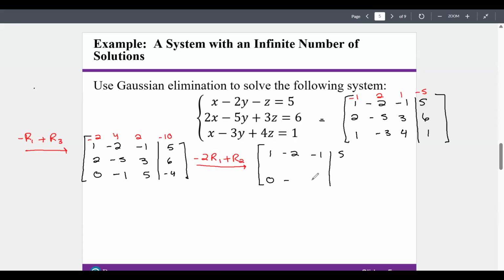So let me just write down my bottom one here that we already did. We're replacing row 2. So negative 2 plus 2 is 0. 4 plus negative 5 is negative 1. Plus 3 is 5. Noticing something here, right? And then negative 10 plus 6 is going to be minus 4. We have the same line here and here. We got basically negative y plus z equals negative 4 two times.